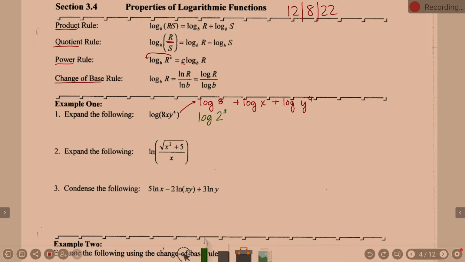Yes. It'd be 3 log 2. So, yep, the idea is the power rule can pull out front there. So we have 3 log 2 plus log of x is just carrying down plus, or pull the 4 out front, 4 log y.